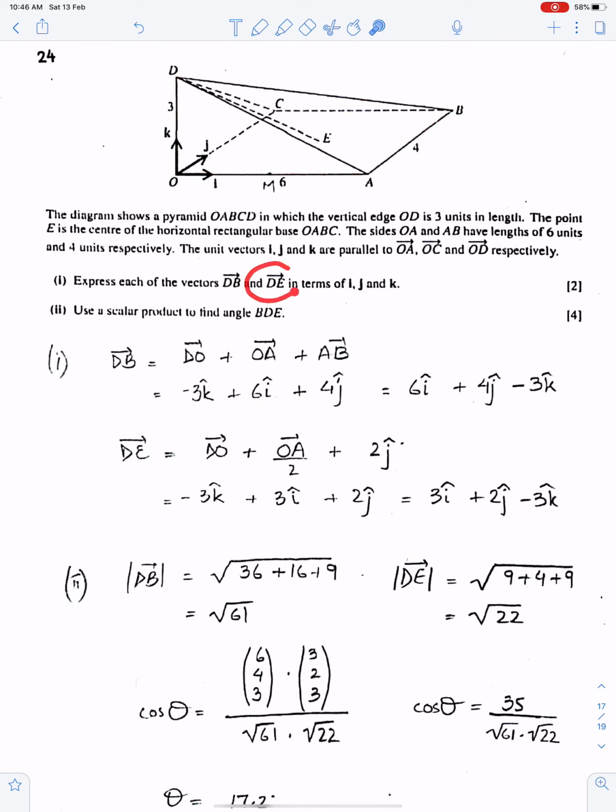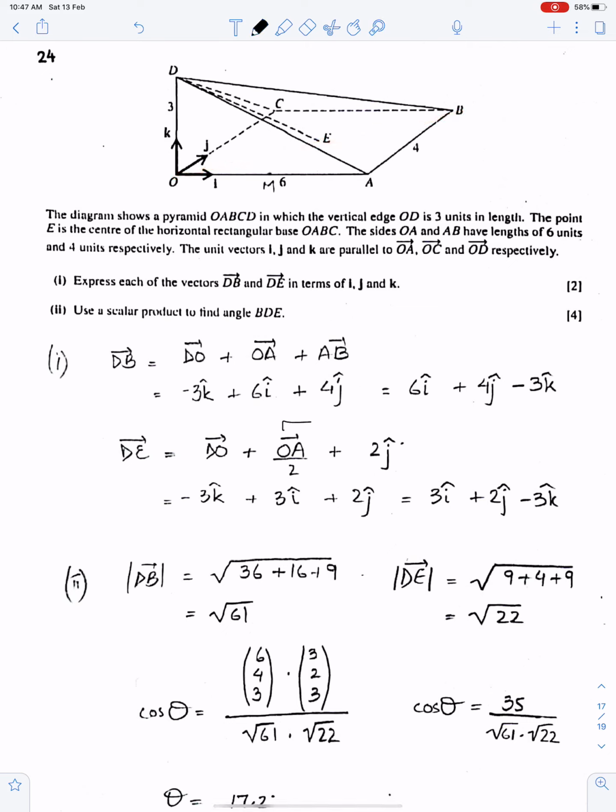Number 2, we need DE. DE should be DO plus OE, and you know OE is the half of OB. I mean, use the method directly. OE is half of OB.